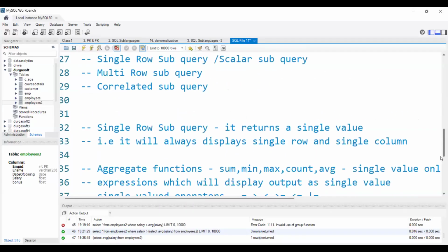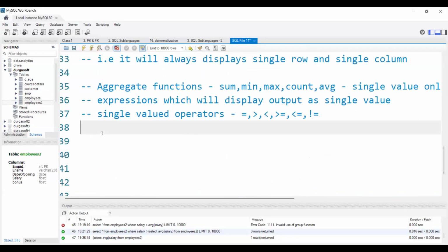Okay, first let's solve some examples on these single value subqueries. So as we saw, the previous example will also come under single row subquery only. And now let's try to solve by using the Maven Movies database.